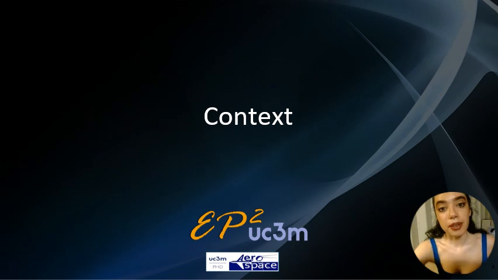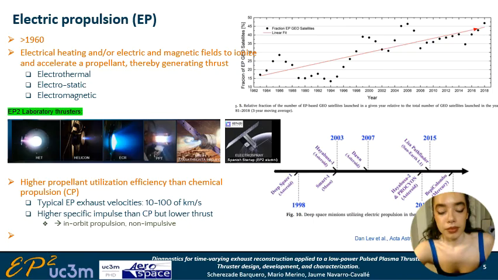Now let's start by introducing some context, starting by presenting what EP is. A field with more than 50 years of experience on research and exploration of these technologies that involve electric and/or magnetic fields for ionizing and accelerating a propellant up to its ejection, and as a consequence generating thrust.